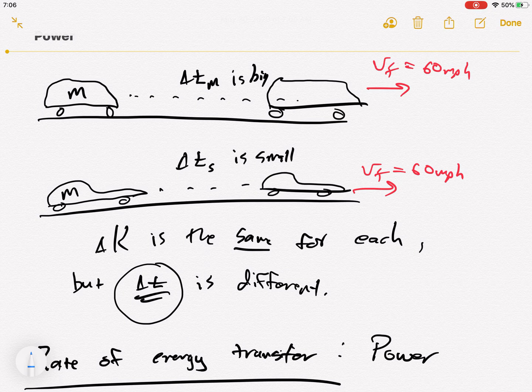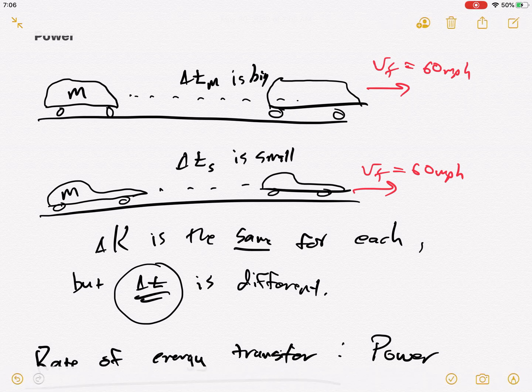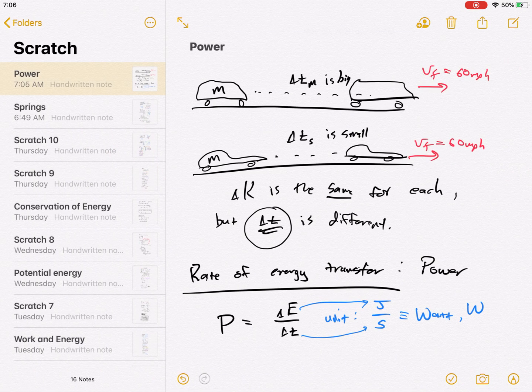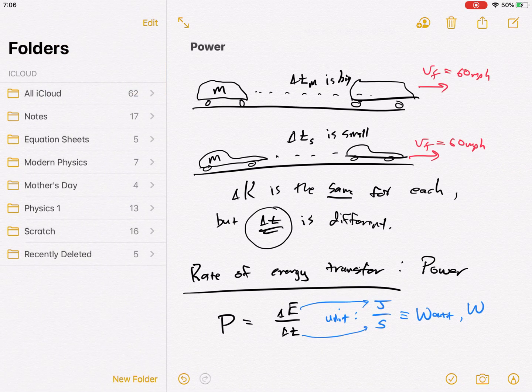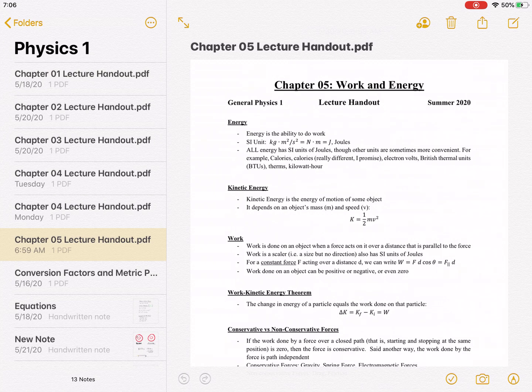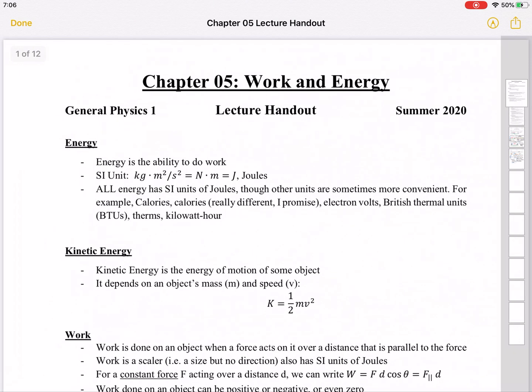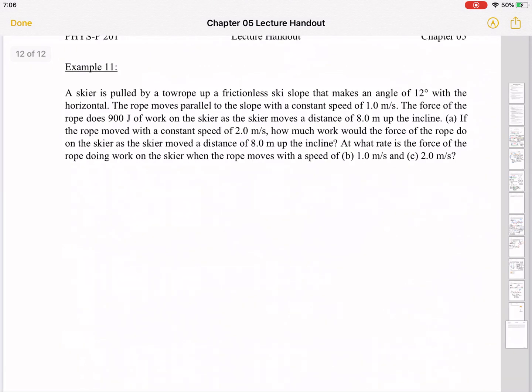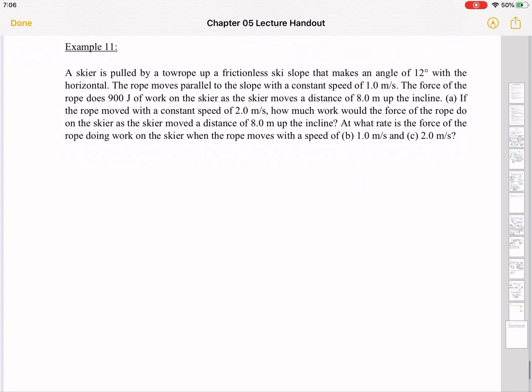So let's do an example. I'm going to look at example number 11.